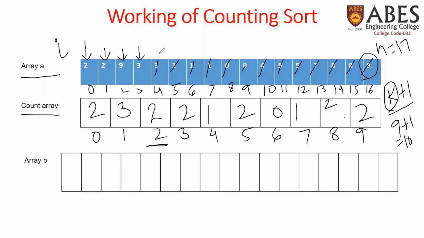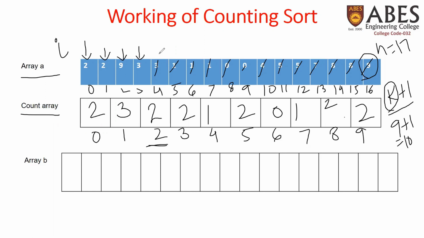Now this is showing that you have 2 zeros, 3 ones, 2 twos, 2 threes, 1 four, 2 fives, 0 sixes, 1 seven, 2 eights, and 2 nines. This is just counting each and every key element.